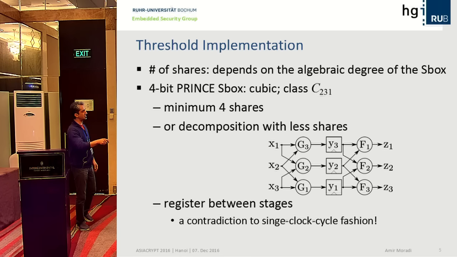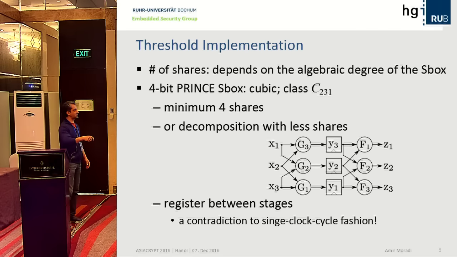If you don't put a register between these two stages, then again you have a big combinatorial circuit which works with 3 shares, and the algebraic degree of the function that it realizes is again 3, and with 3 shares, of course, you cannot implement this. Then definitely this leaks. So you have to put the register between the quadratic parts if you go for the minimum number of shares.